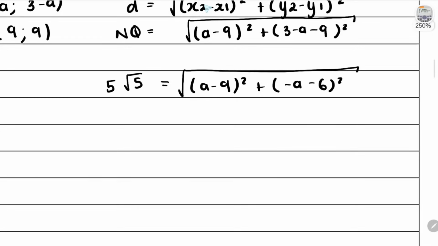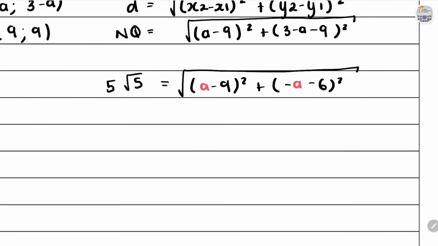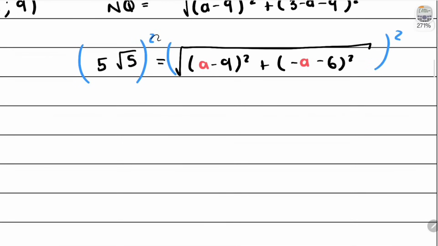At this point, you see that the square root is in the way and it's stopping us from solving for the a that we're trying to solve for. So let's square both sides of this equation. When we square that, it breaks open that radical. Here, the 5 and the square root of 5 are being multiplied, so the 5 gets squared and that's 25, and the square root of 5 gets squared and becomes 5.